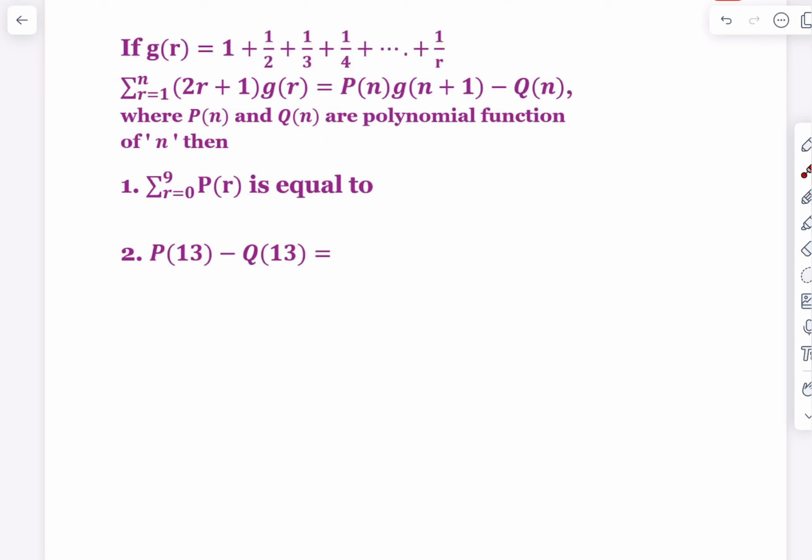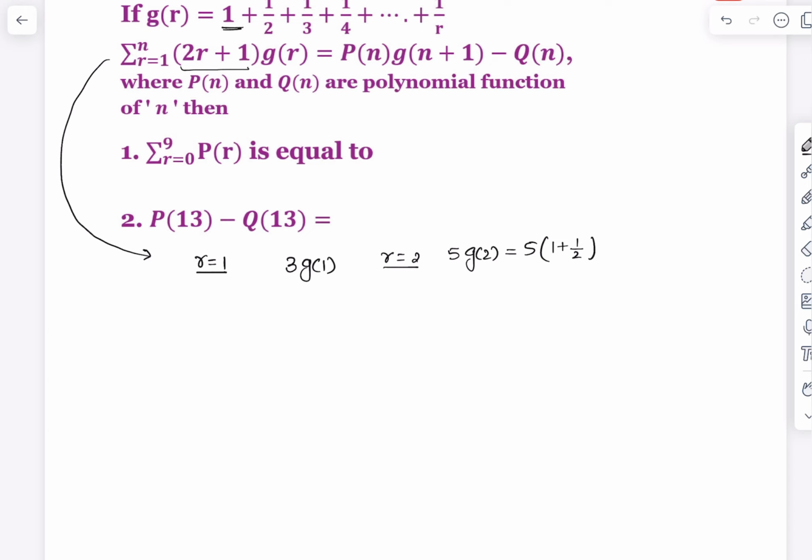Now, if we write this summation, we can clearly see it. If we put r equal to 1, what are we getting? For r equal to 1, this is 3 into g of 1, and g of 1 is 1 only. For r equal to 2, this term will be 5, so 5 into g of 2, and g of 2 is 1 plus 1 by 2.